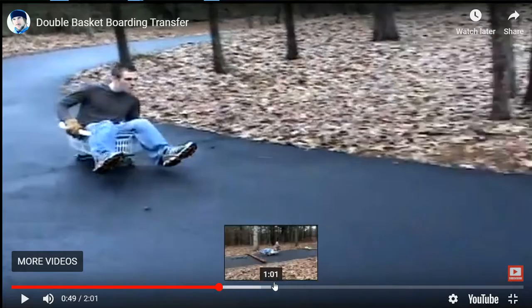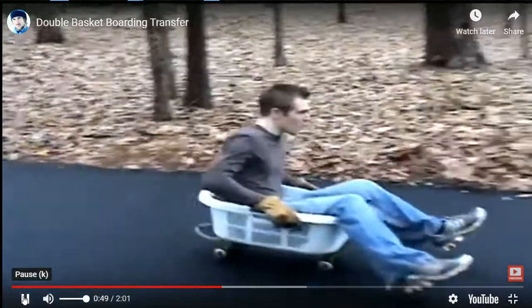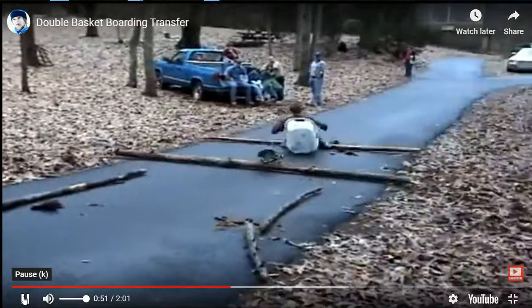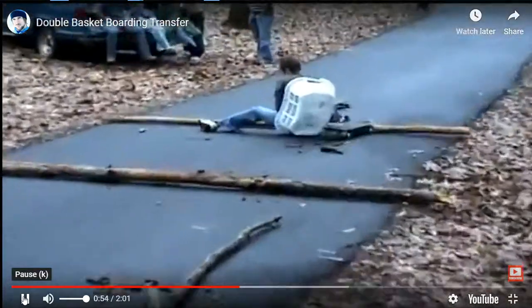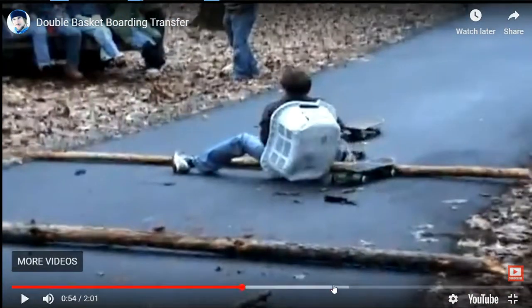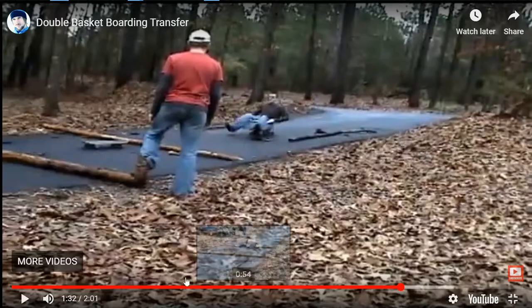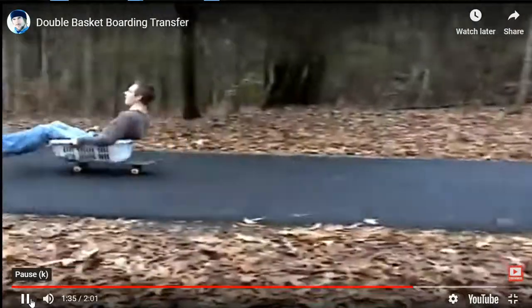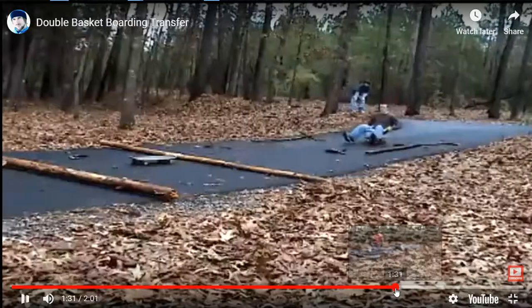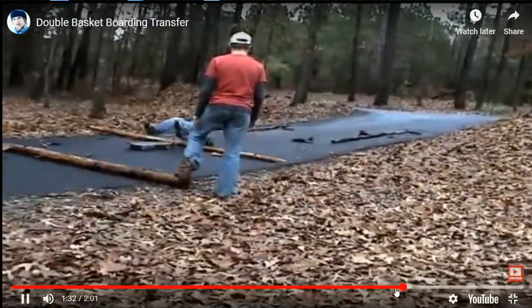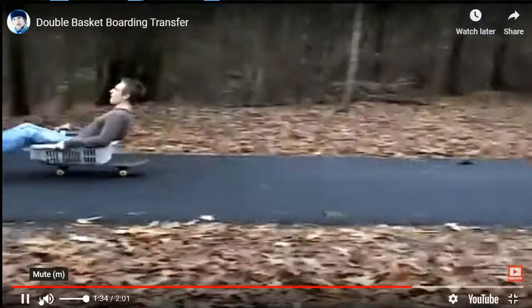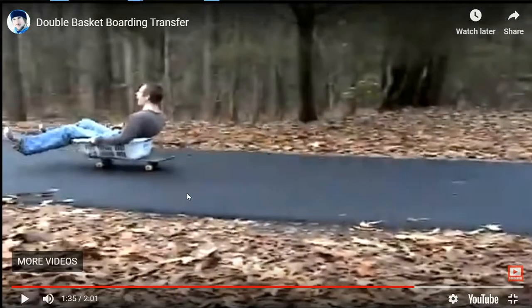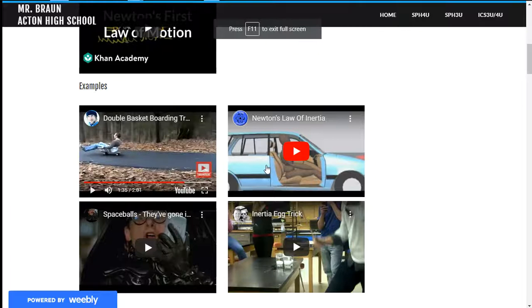Now I think they try a double basket transfer. That did not look like it felt very good. They did the double transfer. All right, don't try this at home, please.